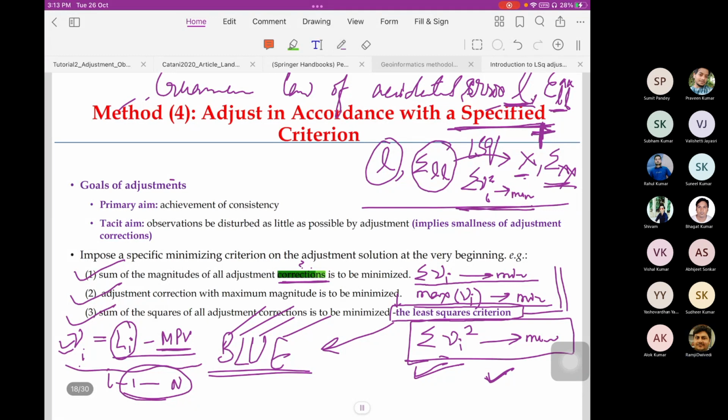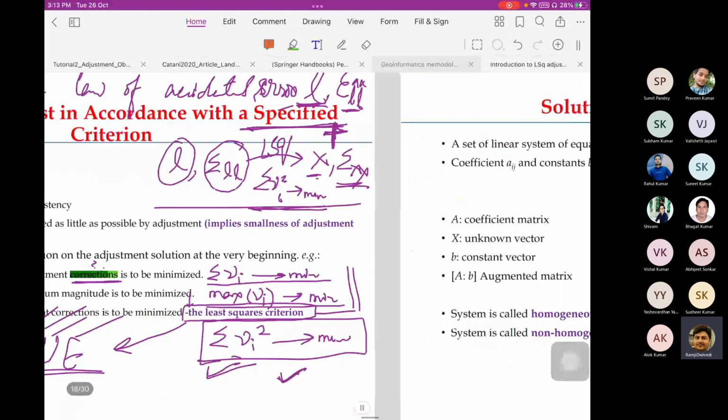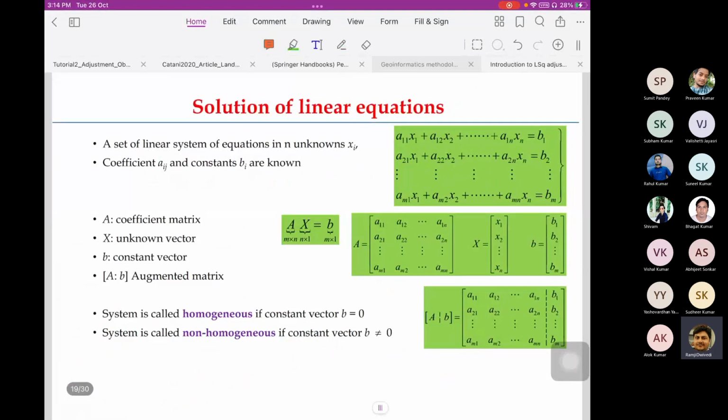Now moving ahead, what would be the system of equations that would come after forming these suggestions? Ultimately, I have a solution of linear equations. What are those linear equations? Like in your matrix algebra, if you recall your BTech days, probably the third semester, you read about matrix algebra, perhaps from the HK Das book.